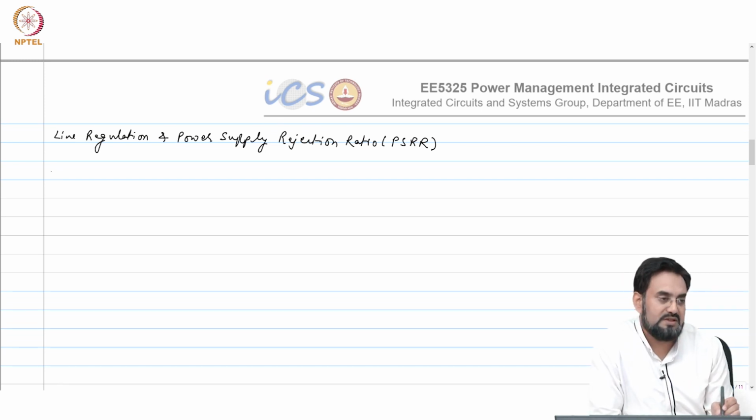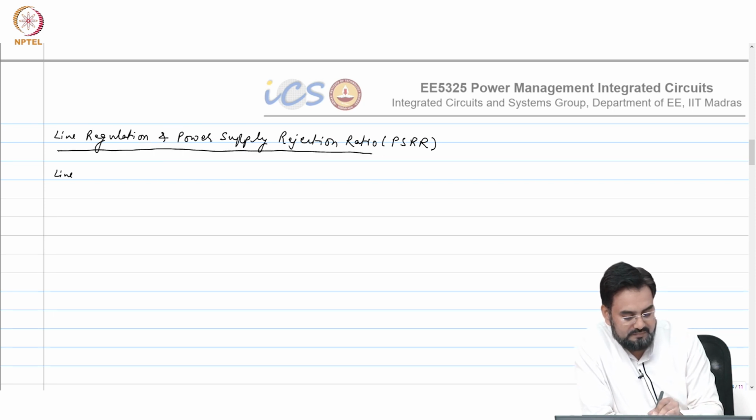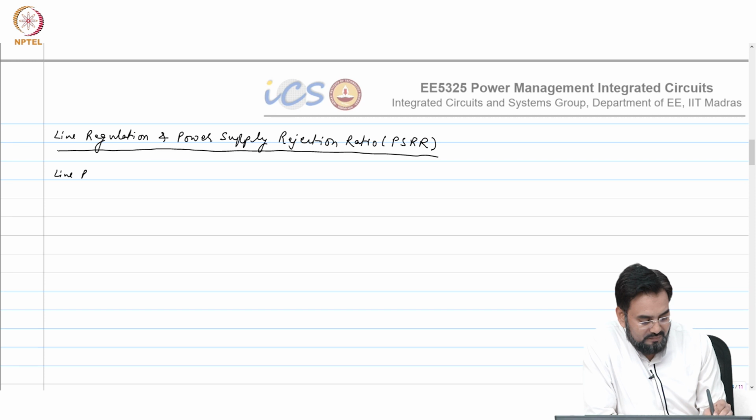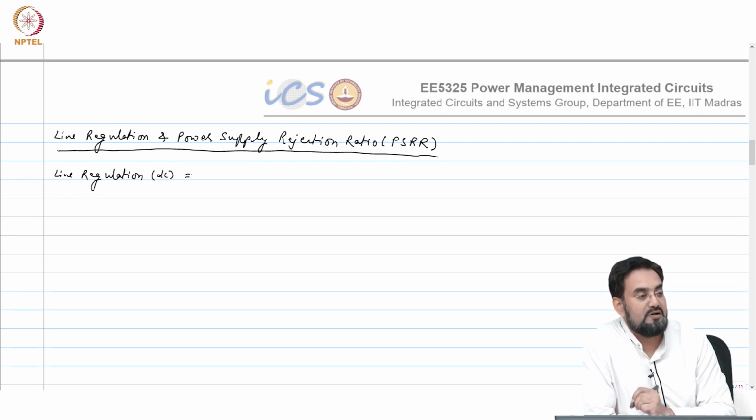So how do we define the line regulation? DC line regulation. How do you define it?